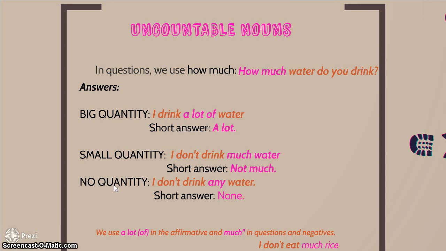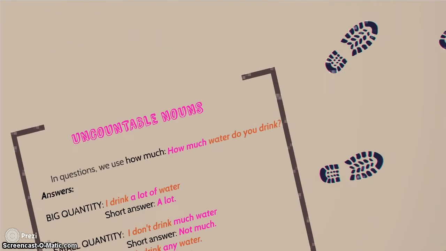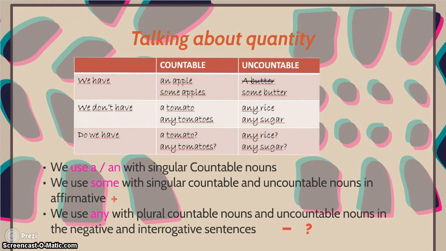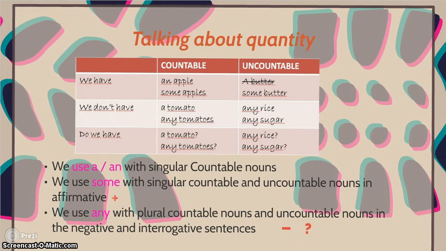Okay? Here, again, we use a lot of in the affirmative and we use much in questions and negatives. Okay. In another lesson, we will talk about quantity, algo, algunos, just for you to know, not for this lesson.